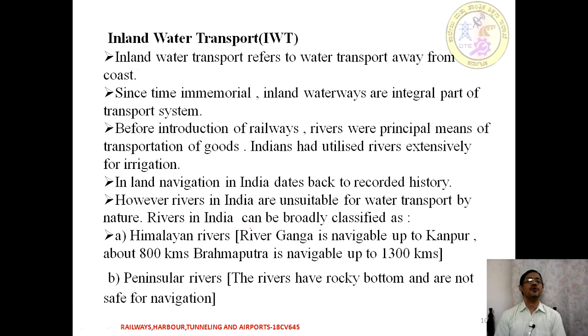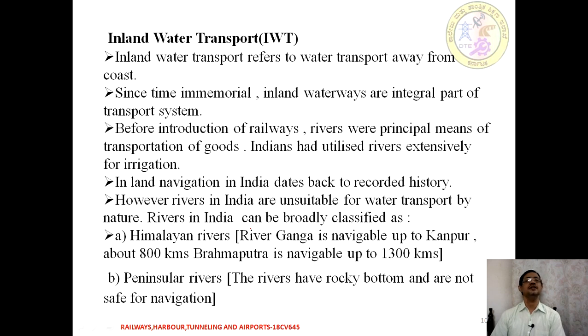So next we are moving on to the next topic, called inland water transport. As we know, in India we have some perennial rivers whose width is sufficient for the operation of water transport.